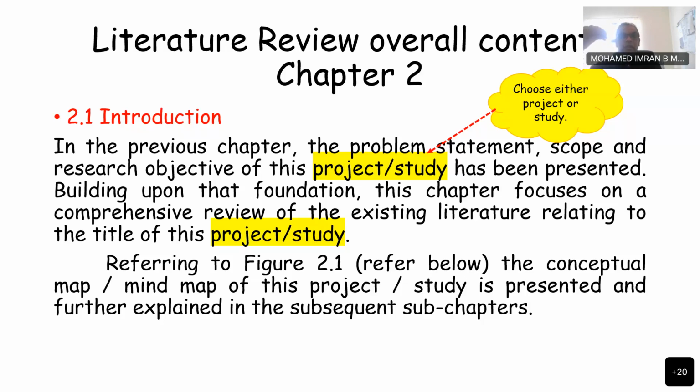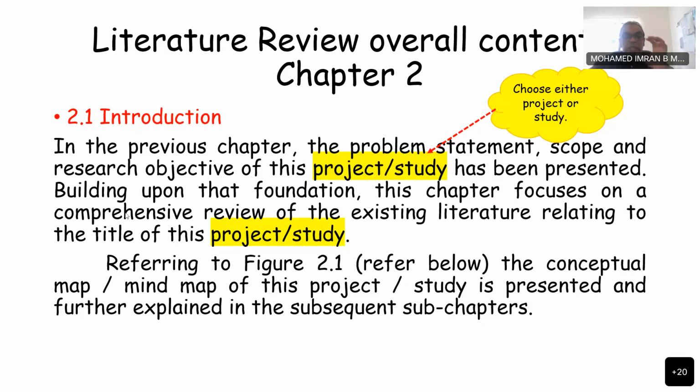If you are in chapter 3 and that is the first figure, you begin by stating figure 3.1, then it moves on to 3.2, then 3.3, and so on. That's how you do the numbering for the figures.